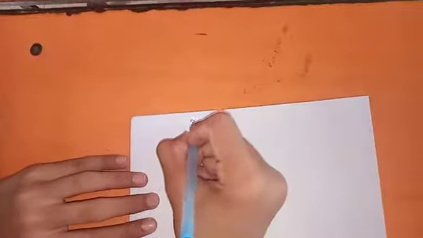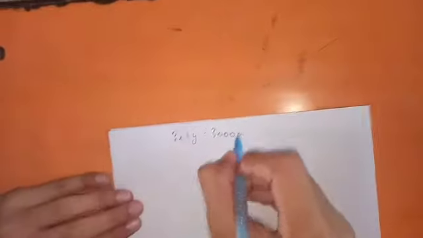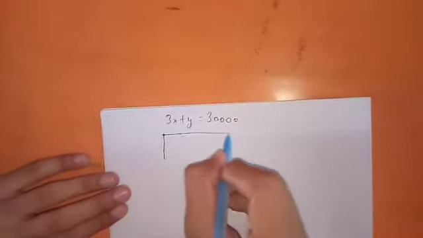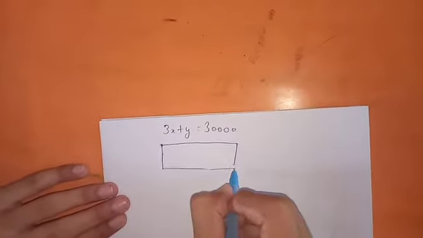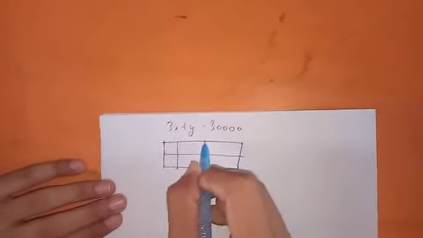Now using a graph we have to solve it. So what are our constraints? One was 3x plus y equals 30,000. We will draw a table for it: x, y.